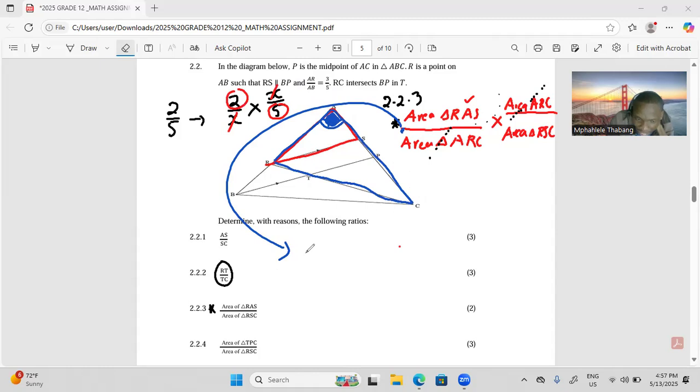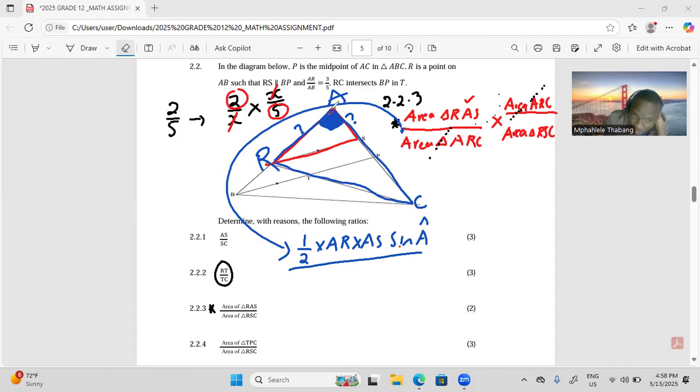So I'm going to say the area of RAS is going to be half of, if A is the included angle, I have to involve these two sides. So I'll say half of AR, AS, sine A. Now I'm looking for the area of triangle ARC. Remember, A is here, R is here, C is here. This A is still the included angle even in this big triangle.